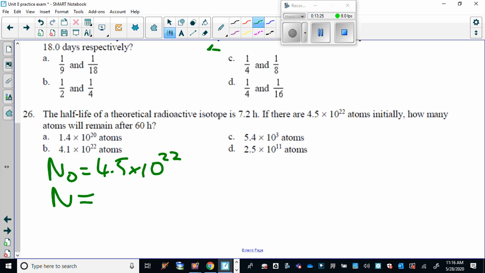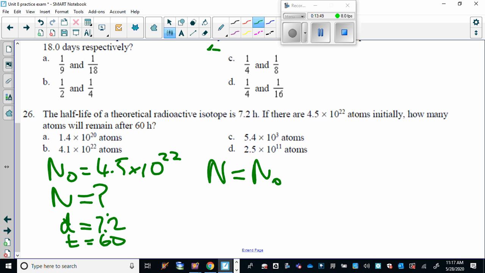We're trying to find the final amount. We don't actually need to use logarithms. This is just a really straightforward half-life question. The half-life time is 7.2 hours, and the actual time is 60 hours.